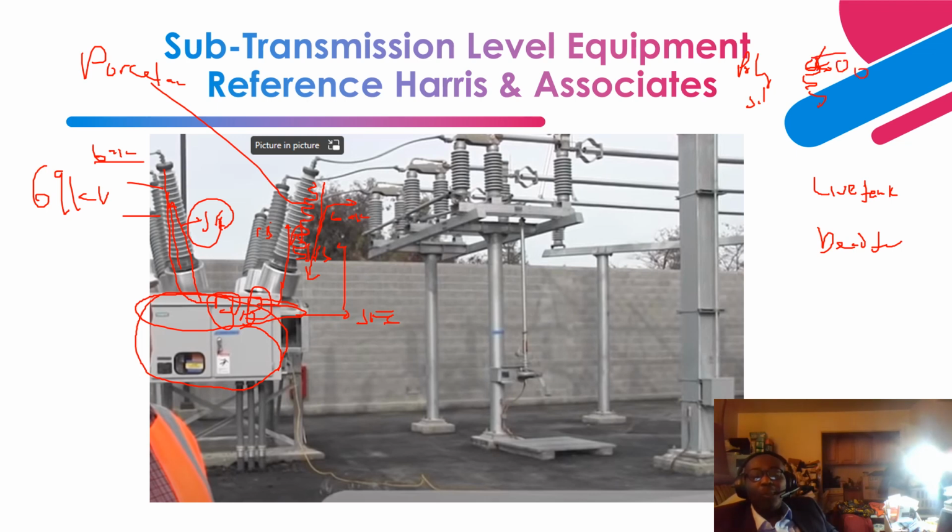It does not form a continuous film like porcelain, this one that you have seen, which basically propagates the formation of a leakage current path. On the other hand, because polymers form beads, it prevents the formation of a continuous film that can enhance the formation of leakage current flowing to ground.